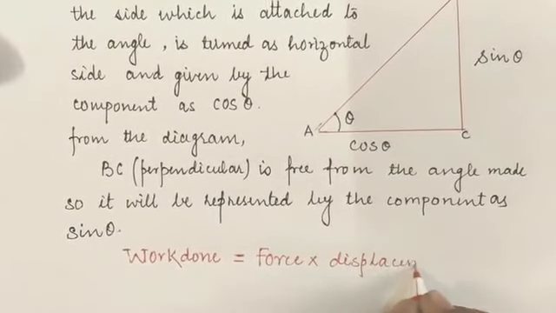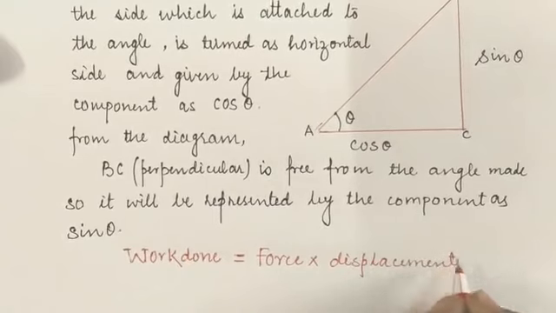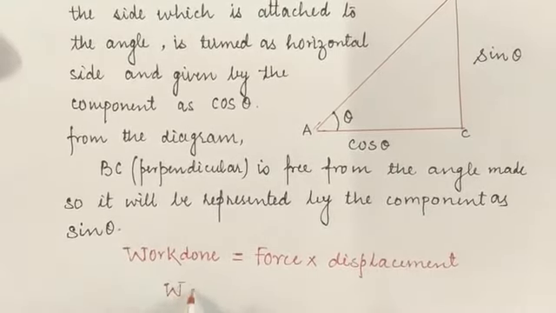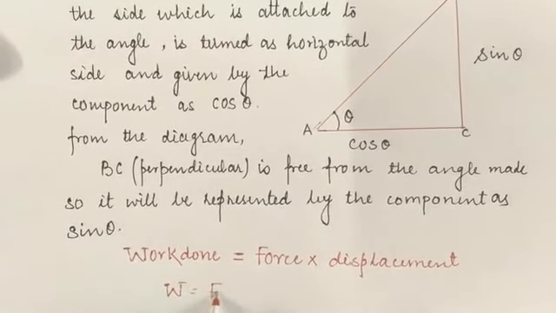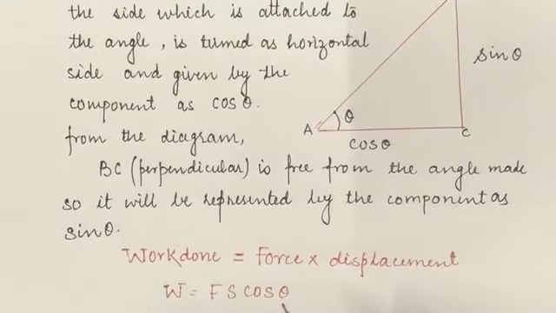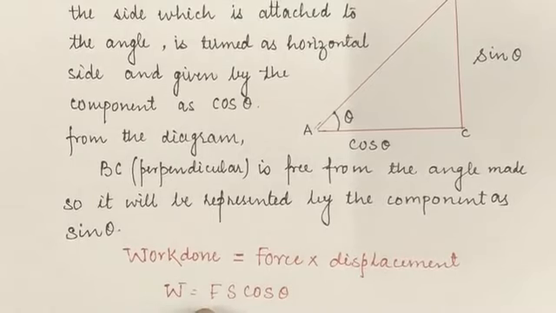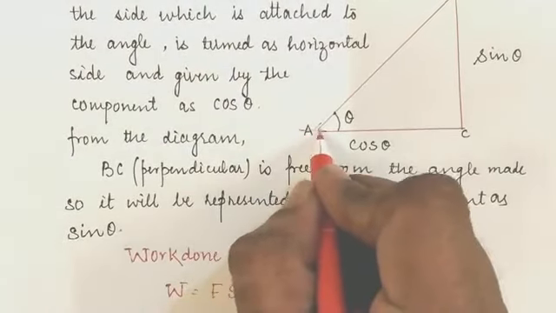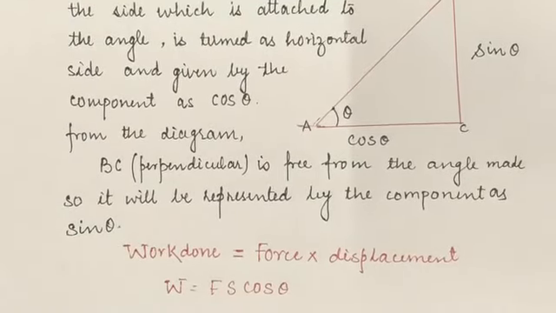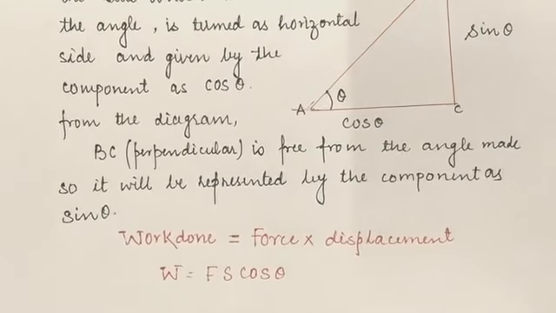So we can observe that the expression for the work done is F into S cos theta, and here the cos theta shows the direction of the force of application, either the force is applied along the horizontal, like along the AC, or the displacement occurs along the horizontal line.